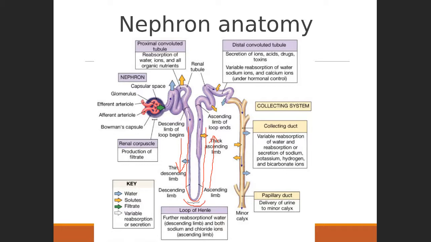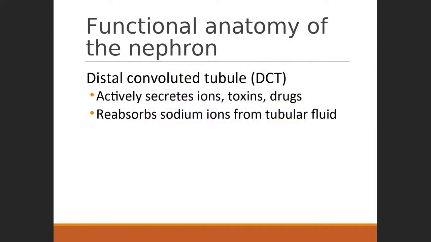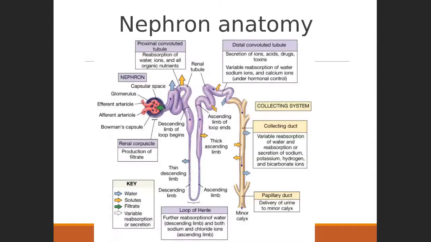At this point, whatever still didn't get reabsorbed winds up in our third portion of the tubule, the distal convoluted tubule. And for all intents and purposes, even though they're structurally different, we're actually going to link the function of our distal convoluted tubule in with our fourth portion of the tubule, the collecting duct. They run in that sequence, so they're distinctly different anatomically, but functionally, we're going to lump those together.